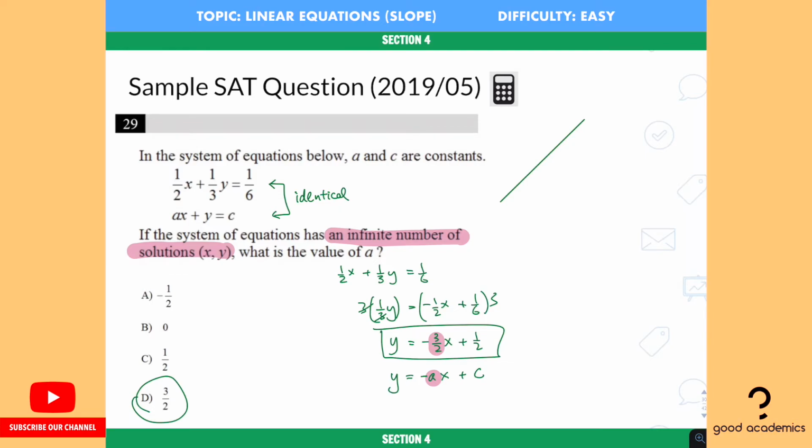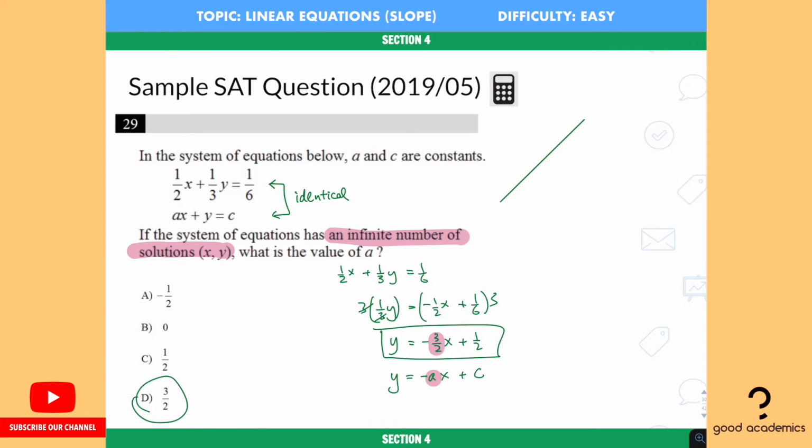The main point of this question is, when they give you the standard form of a linear equation, are you aware that you can change it into slope-intercept form? And when you change it, do you know how to extract the values and equate them, since they are the same line?